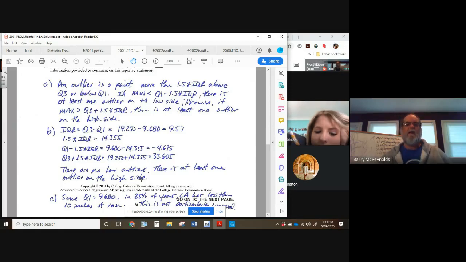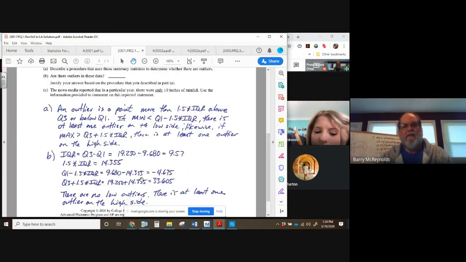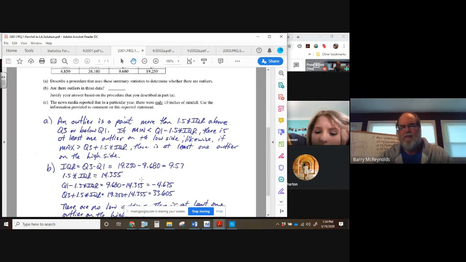And then question C, again, is kind of a no-calculation answer, but it's really a powerful one. If a reporter said that there were only 10 inches of rain in a particular year, what would we say about the reporter's statement?